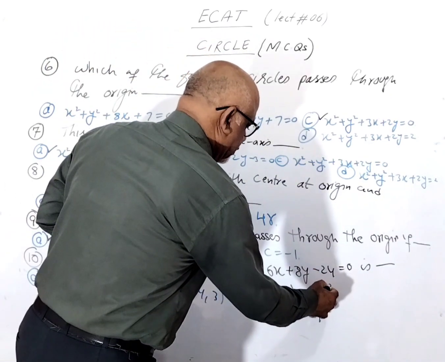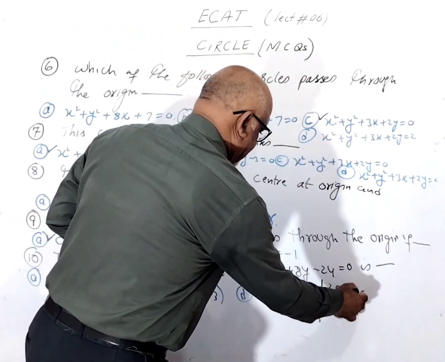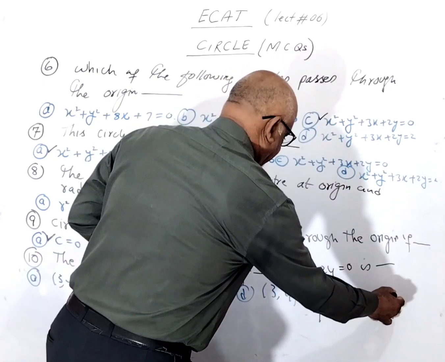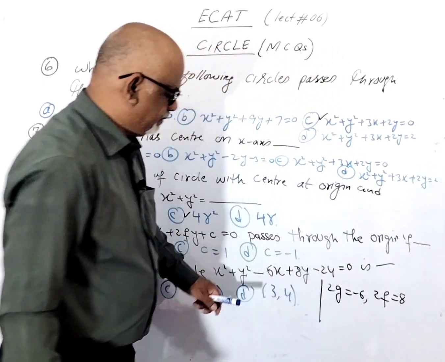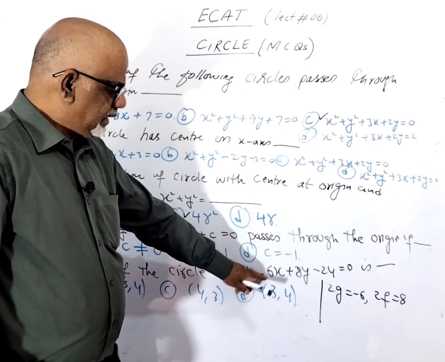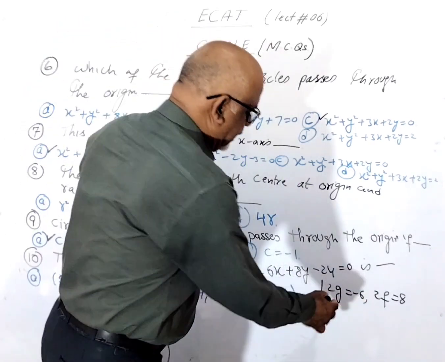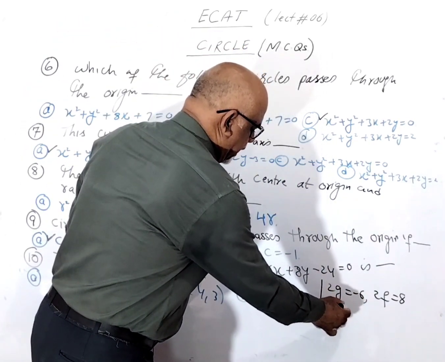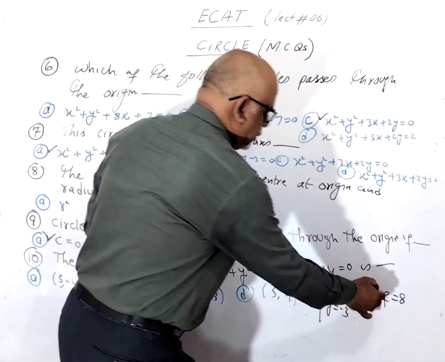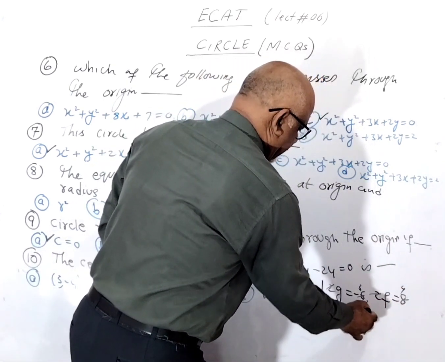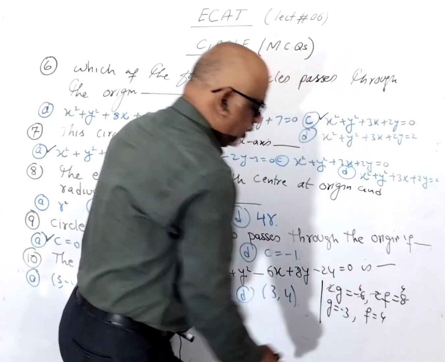So 2g, the coefficient of x, and 2f, the coefficient of y, are minus 6 and 8. So here g is minus 3, two 3s are 6, two 4s are 8, so the value of f is 4.